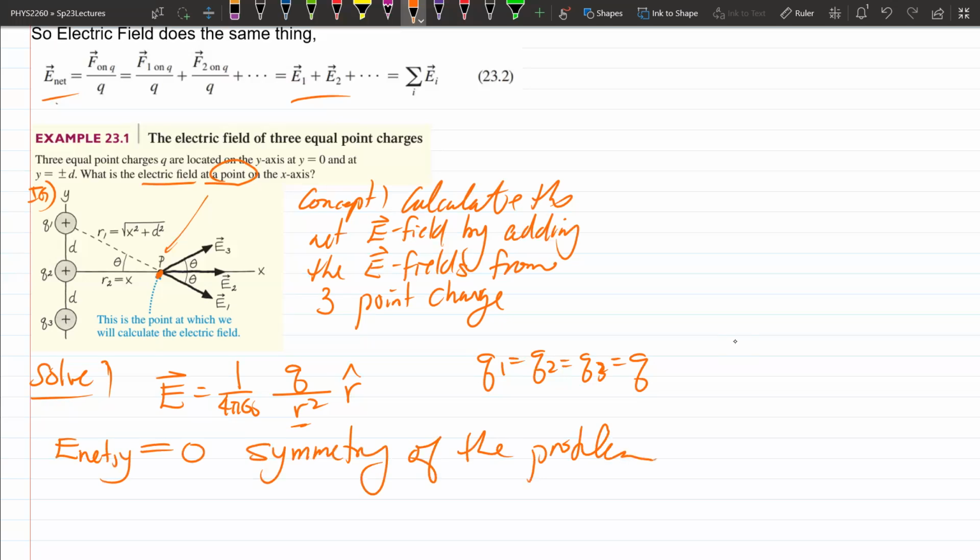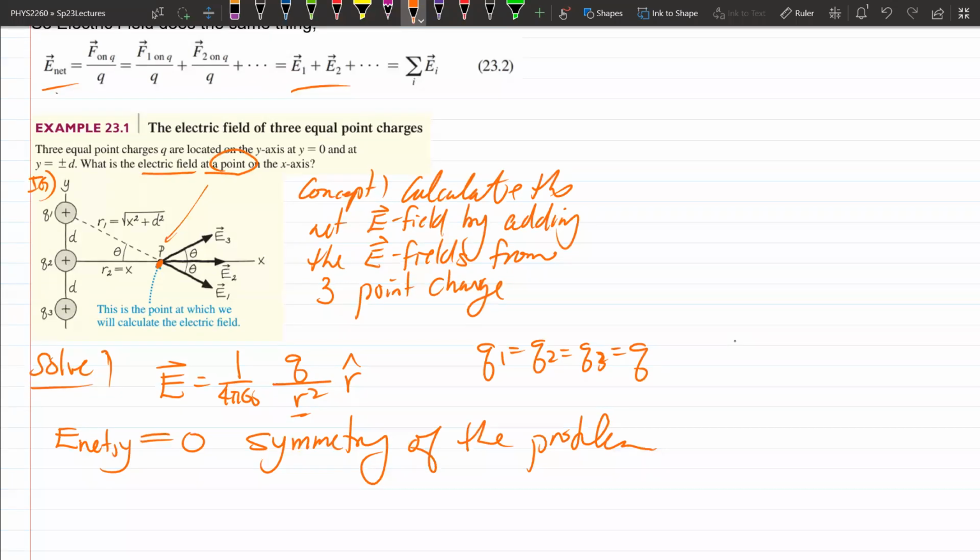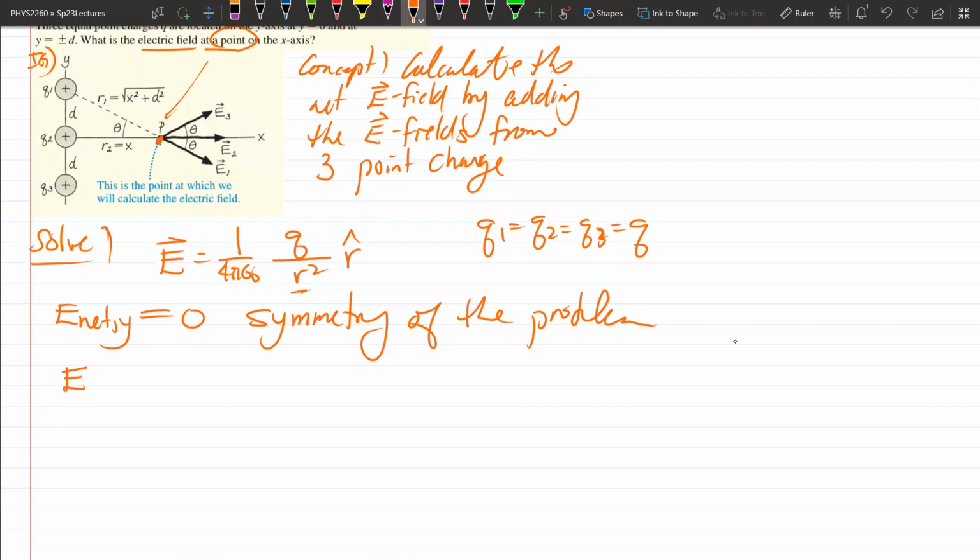You have this vector going up and this vector going down. The y components of these are equal and opposite each other, so they add up to 0, and charge number 2 has no y component. So all we have to do is figure out the x component, so let's do that one at a time.